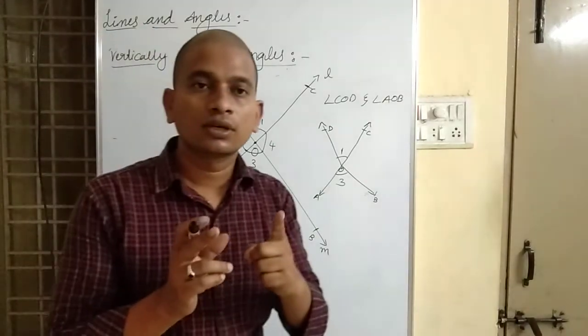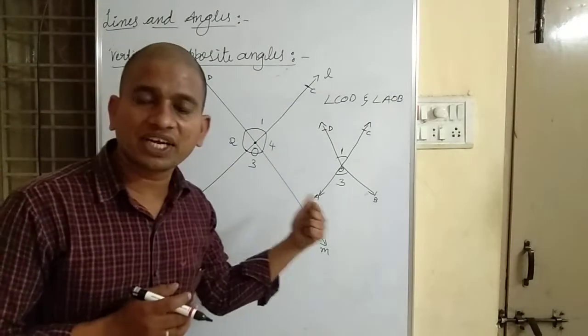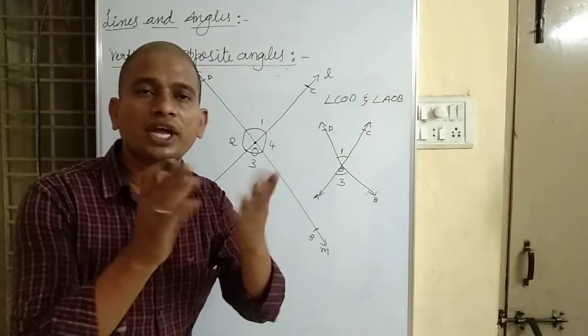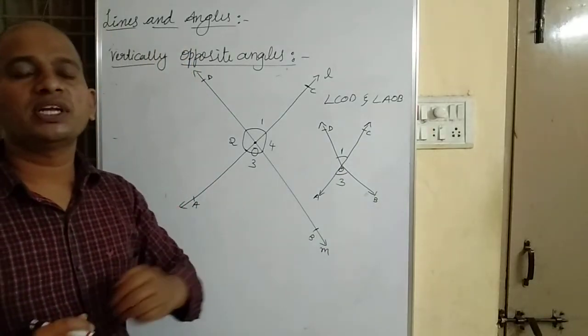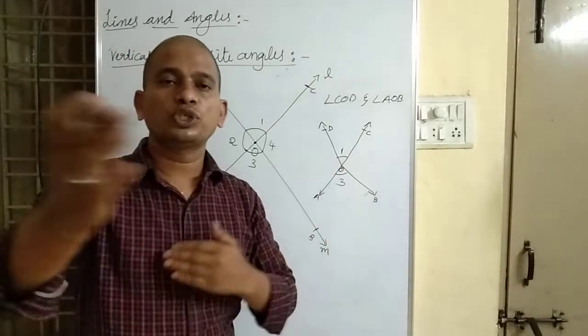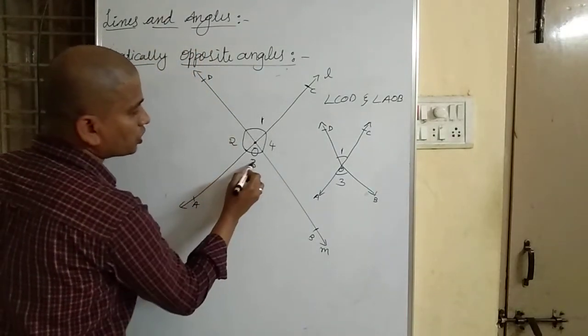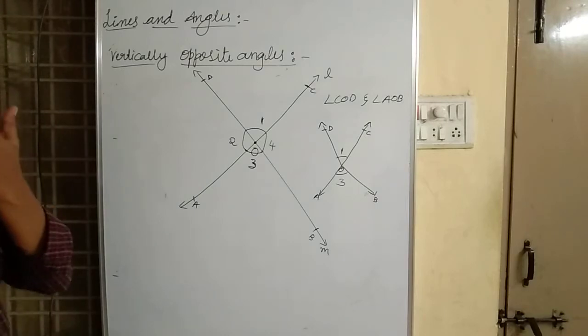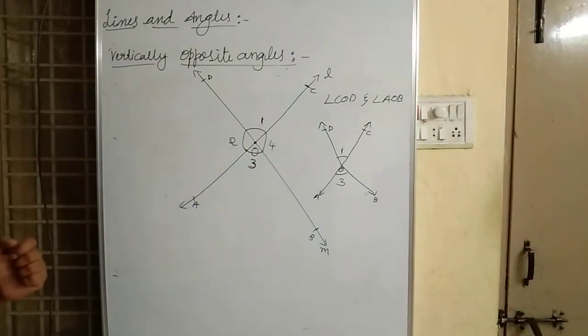Adjacent angles must have a common arm, but vertically opposite angles do not have any common arm. Vertically opposite angle means opposite to each other. You can find here, angle 1 is vertically opposite to angle 3 and angle 2 is vertically opposite to angle 4.